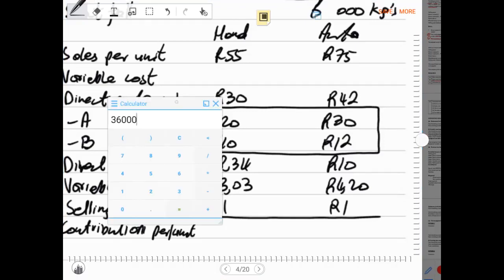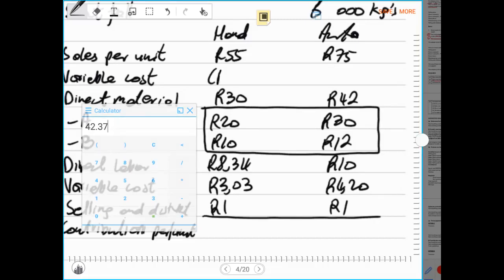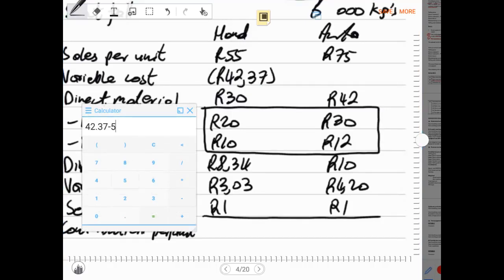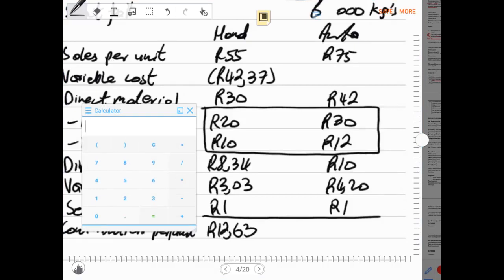Our contribution per unit will be 30 rand first, plus 8 rand 34 cents, plus 3.03, plus 1 rand. This gives us a total of 42 rand 37 cents, minus 55 rand. This gives us 12 rand 63 cents.